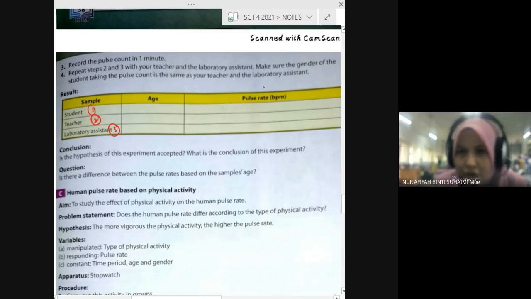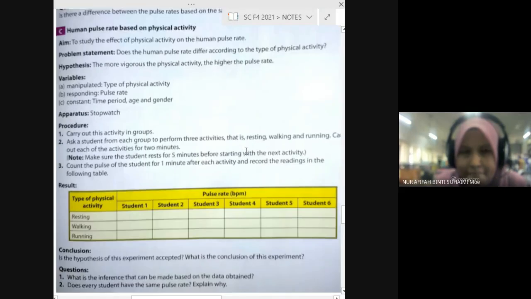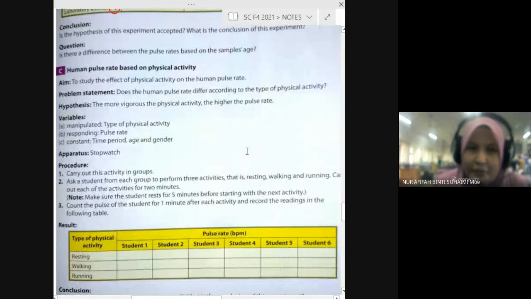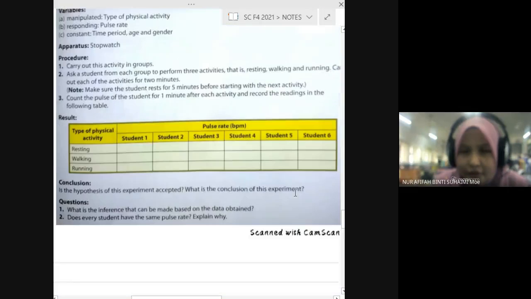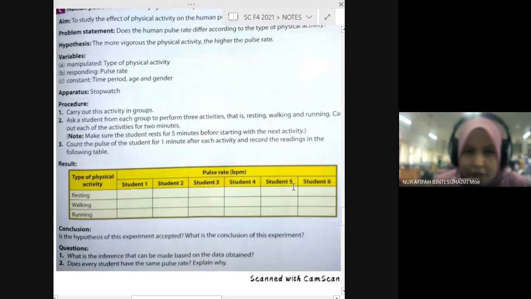So we measure their pulse rate. Then for part C, we measure the human pulse rate based on physical activity: resting, walking, and running. We test 6 different students and measure their pulse rate after walking, after running, and when resting.